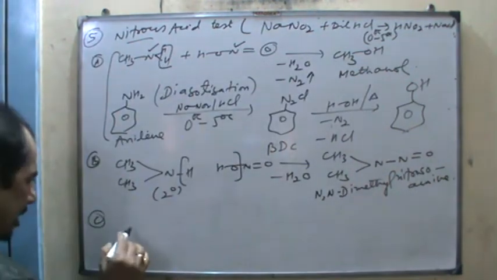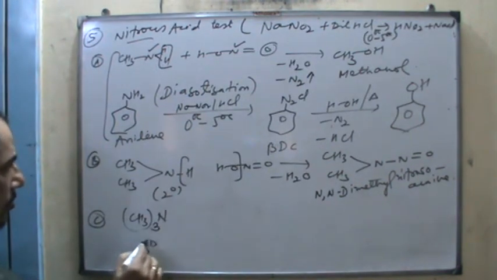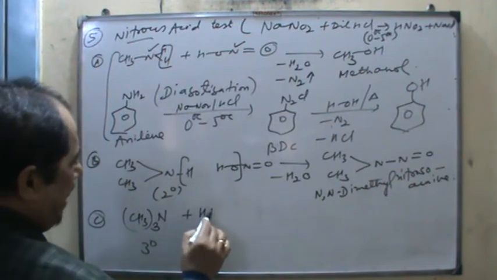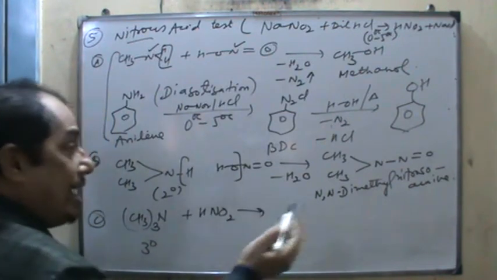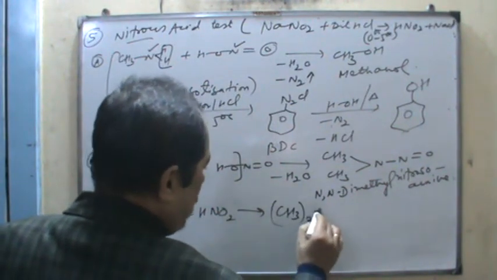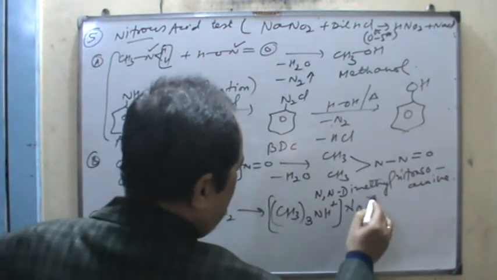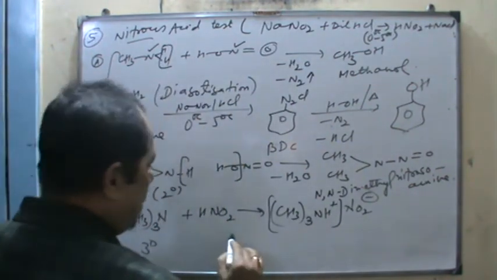Now in case of 3 degree amine, plus nitrous acid. Now this time it will give a salt, (CH3)3NH positive and nitrite negative.